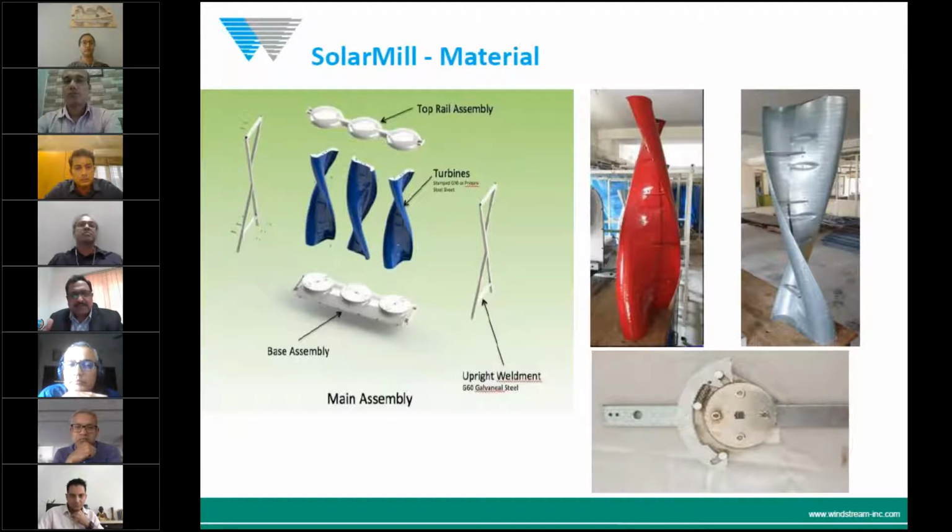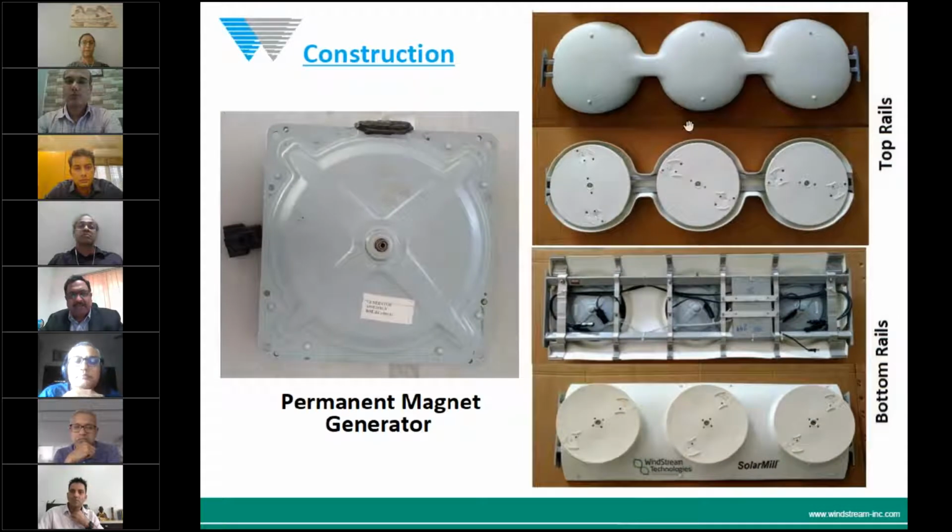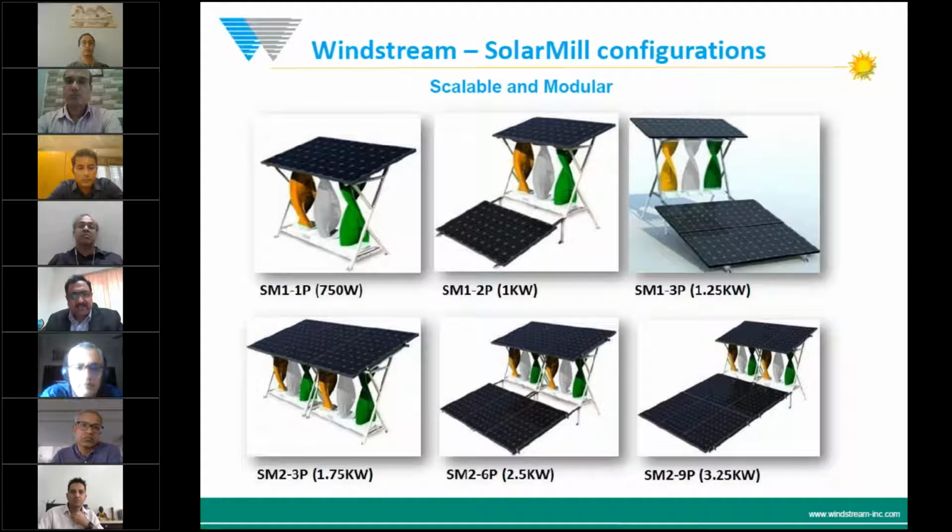You can see a turbine is made of stamped steel of 2 parts combined together, and we have the top layer and the bottom layer. In the bottom layer, you see 3 generators together, which combine to make a 0.5 kilowatt system and which can be assembled easily. One of the biggest advantages of our system is being scalable and modular.